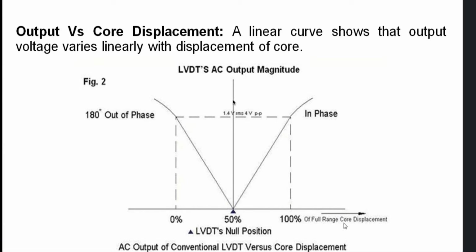On the X-axis we are taking the core displacement. This dotted line represents 100 percent of full range core displacement. This is 50 percent, this is 0 percent. This is 180 degrees out of phase, this is in phase.